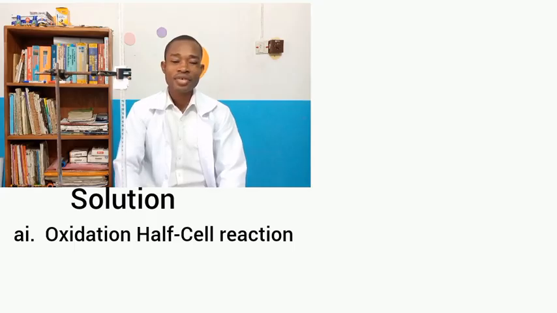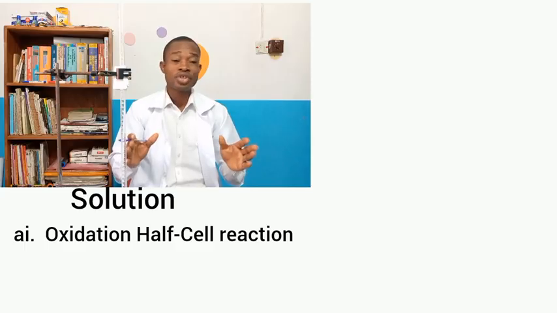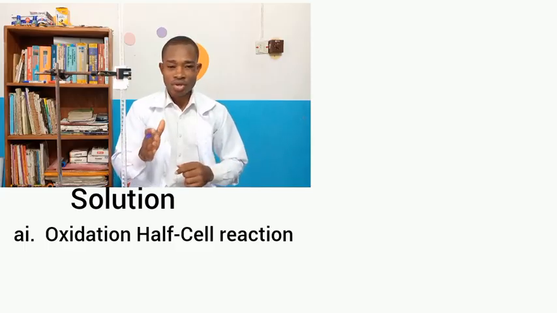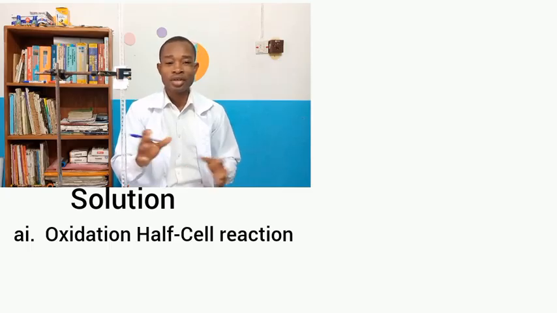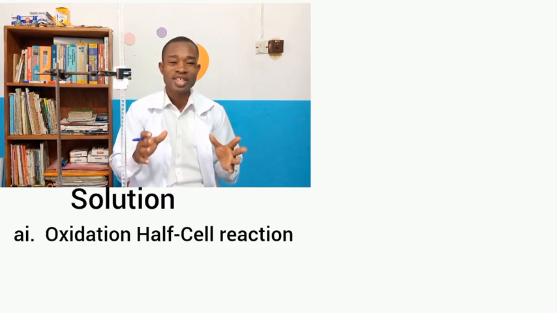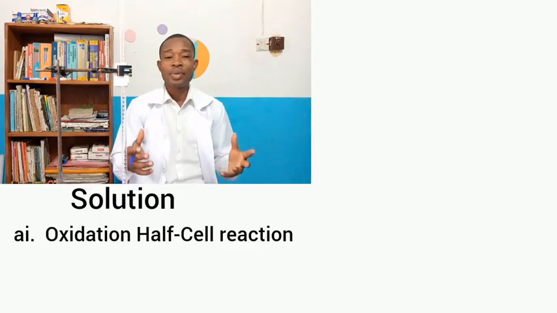So the oxidation half-cell reaction equation will be what happens to our reducing agent. Like I told you earlier, the reducing agent is iron 2 ion. Iron 2 ion in solution A, in ammonium iron 2 sulfate, will undergo oxidation because it is the reducing agent. And now what happens in the oxidation process?